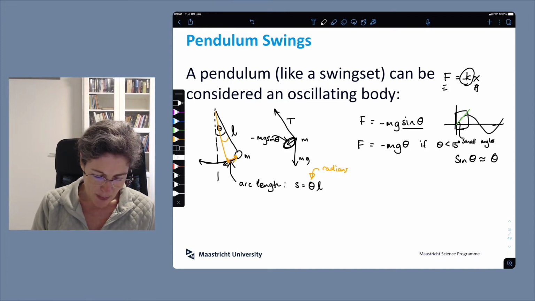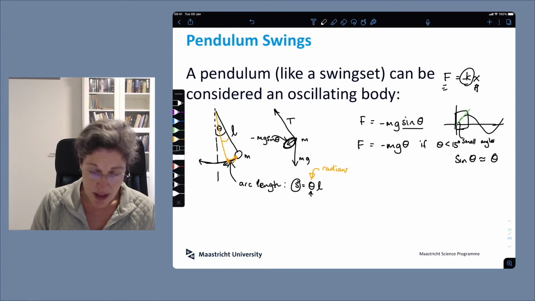Okay, so we know what our force is, but we're actually not interested in the angle, we're interested in the displacement. But we have an equation over here that will tell us about the displacement.